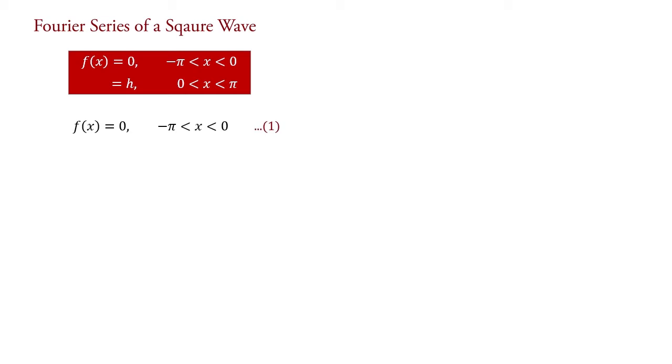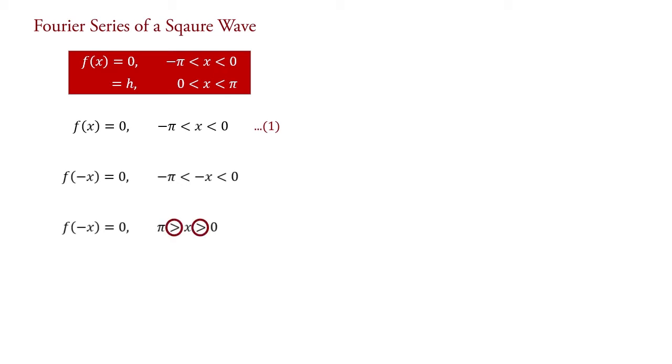Say equation 1. If we take x equal to minus x, then f of minus x equal to 0 for minus pi less than minus x less than 0. Here we put a negative sign in front of x. Therefore, f of minus x equal to 0 for pi greater than x greater than 0.